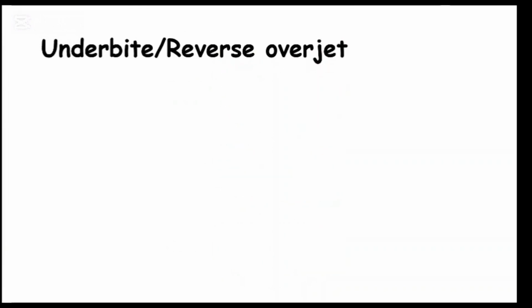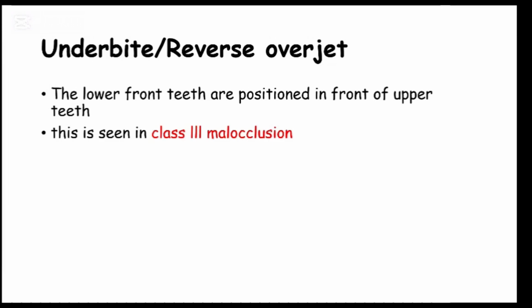We have already learned what overbite and overjet are, and their types also. Reverse overjet relates to the horizontal overlap, not the vertical. If there is a malocclusion with an excessive vertical measurement, we know that is deep bite, but this is a reverse overjet.